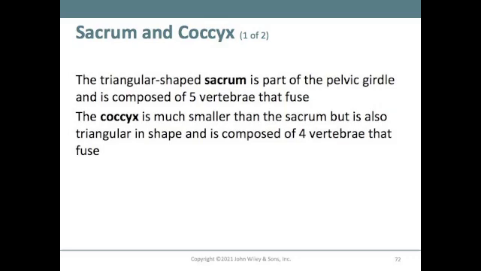So that's one of the reasons why children and babies have more bones than adults do. The coccyx is much smaller than the sacrum, but it is also a triangular shape, and it's composed of 4 vertebrae that fuse. I'll just repeat too, because I think it's cool that evolutionarily speaking, I believe that the coccyx is a remnant of a tailbone.